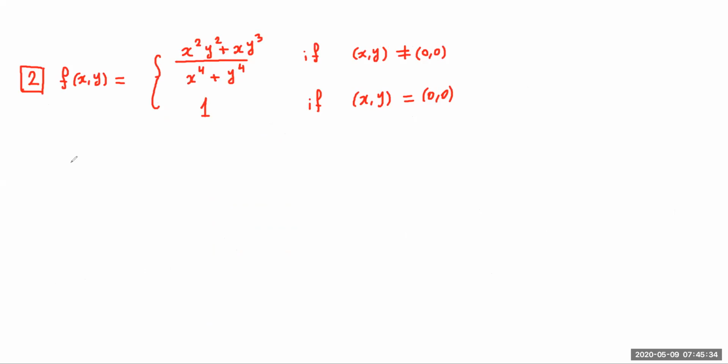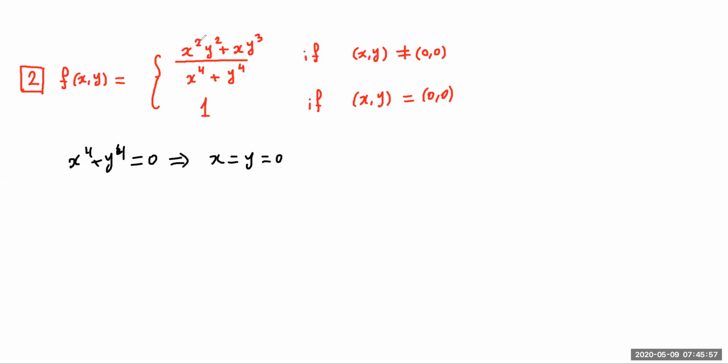Remark that x to the power 4 plus y to the power 4, if it's 0, then we have x equals y equals 0. So this function is defined at any point (x, y) different from (0, 0), and I can calculate the function f here. Okay.